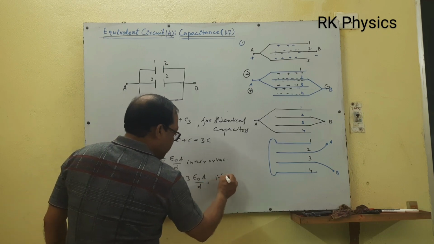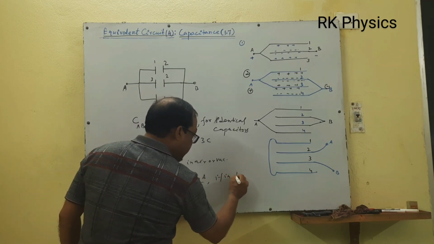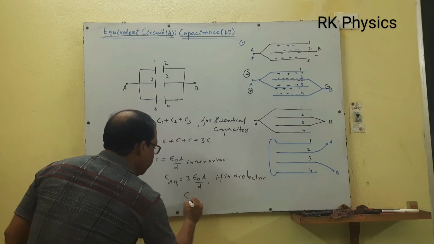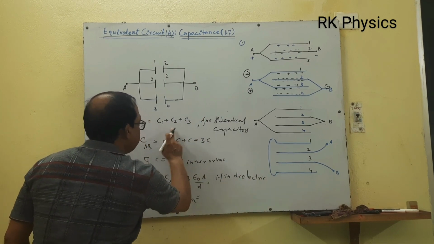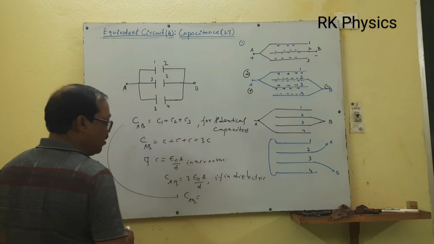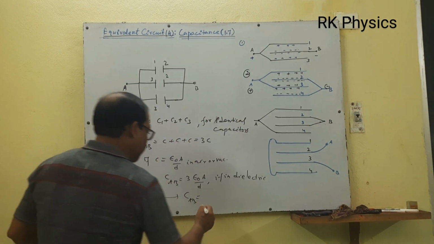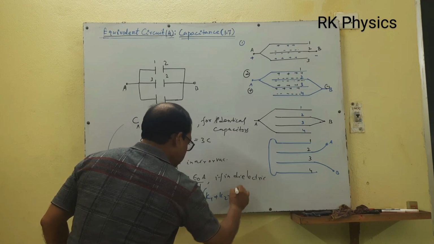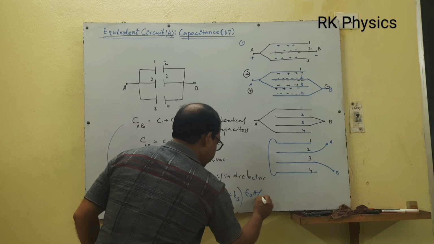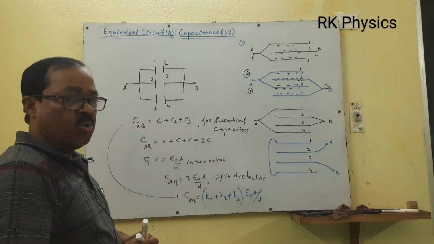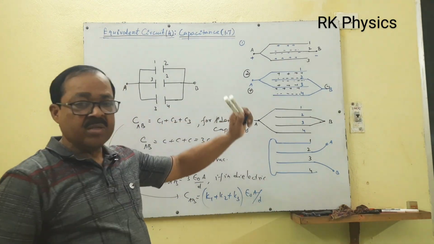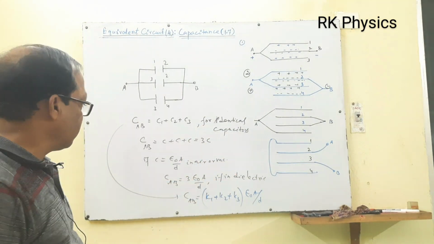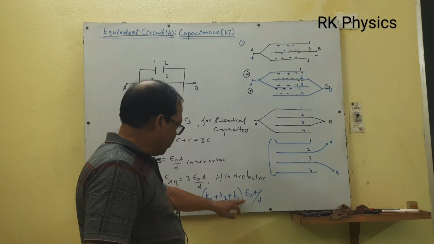If in dielectric, CAB is C1 plus C2 plus C3, that means K1 plus K2 plus K3 whole into epsilon 0 A divided by D. Now, while calculating, like the previous circuit diagram, you take A constant, D constant, and K1, K2, K3.